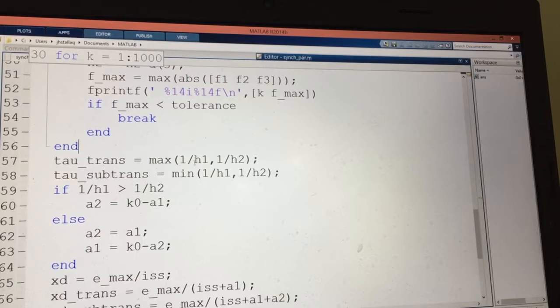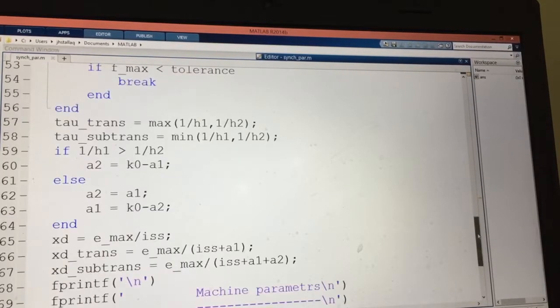Tau transient is 1 over h1 or 1 over h2. We take the maximum out of those as the transient, and the minimum is the subtransient. Now we want a1 to belong to the transient and a2 to the subtransient.